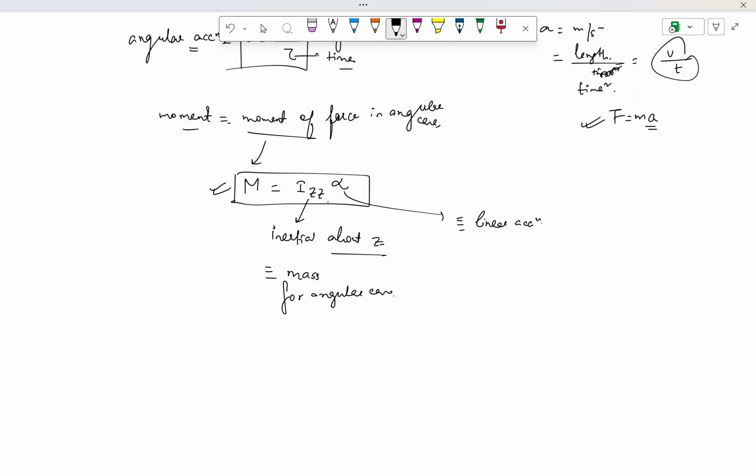Izz is clearly the moment of inertia of the whole configuration with respect to the Z axis, which means that it consists of two parts.